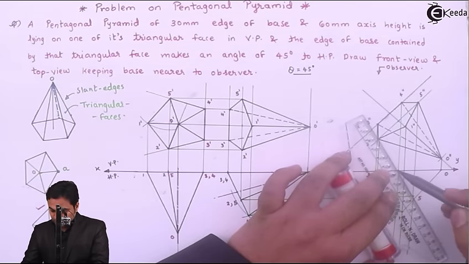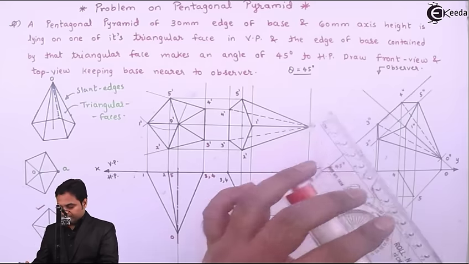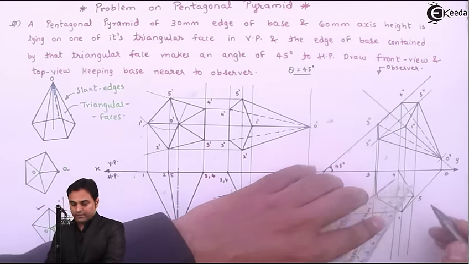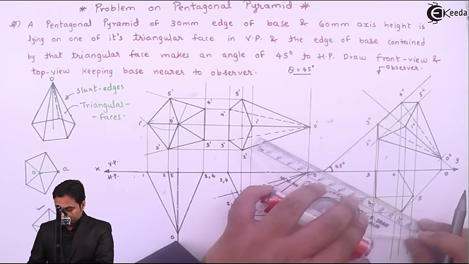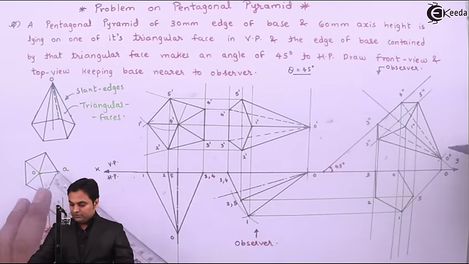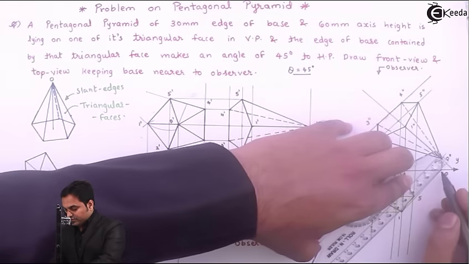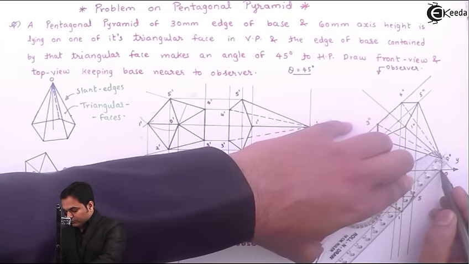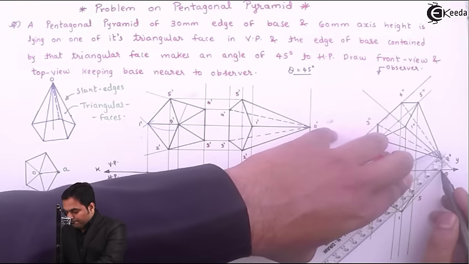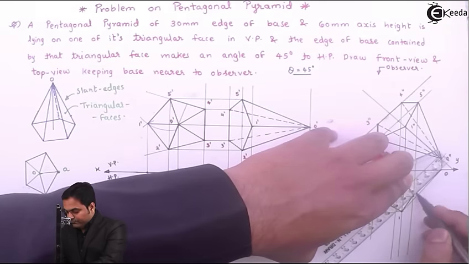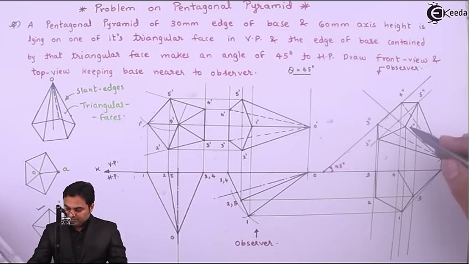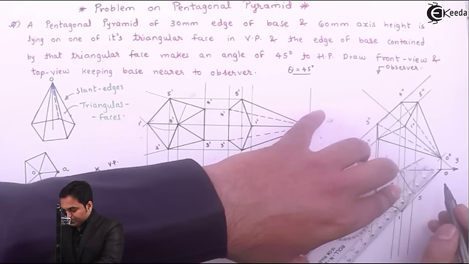Next 4 to 5, 5 to 1 and 1 to 2. Next, out of the edges O double dash 5 double dash is visible. So for that O to 5 and O double dash 1 double dash, that is also visible.